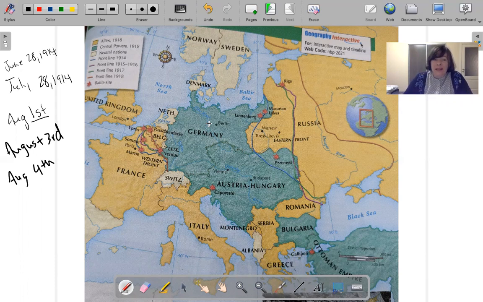This is like a month, 34 days. It was 34 days between the Archduke being assassinated to Austria and Serbia and Russia and Germany and France and Belgium and Britain all in a war with each other.